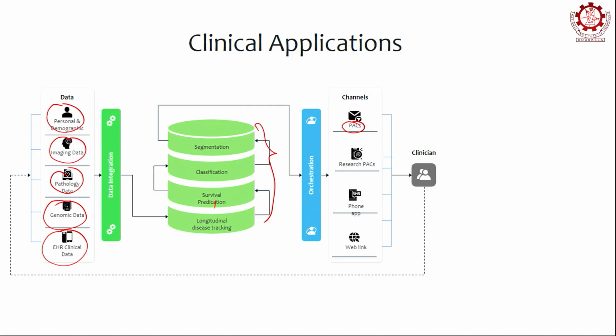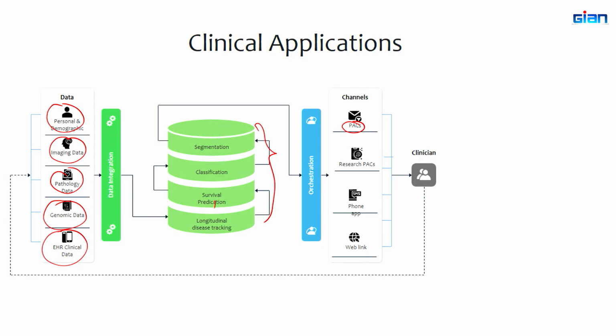The PACS system has the functionality to display the image and to annotate the image. Because this is something that the clinician sees, they don't have Slicer installed on their machine. They don't have ITK Snap, right? These are all research software. They have more clinically focused software within the PACS system.